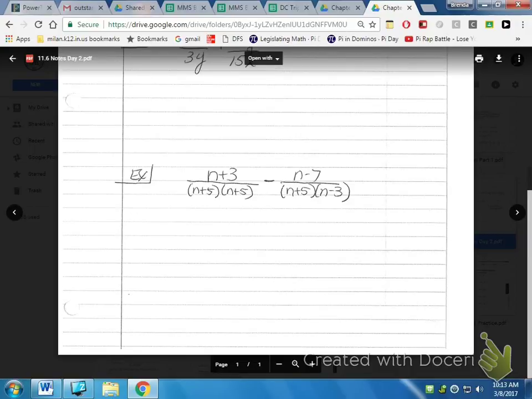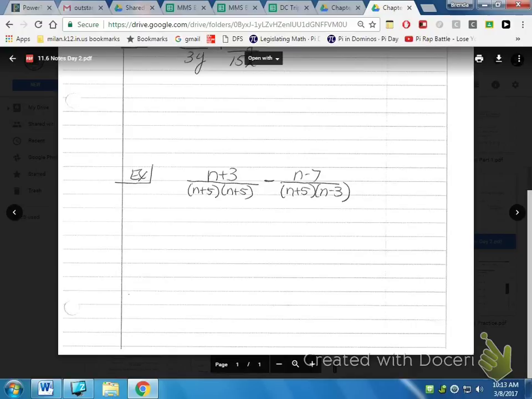This one's a little more complicated, but not too much. So I have n plus 3 over n plus 5 times n plus 5 minus n minus 7 over n plus 5 and n minus 3. So here's the thing.